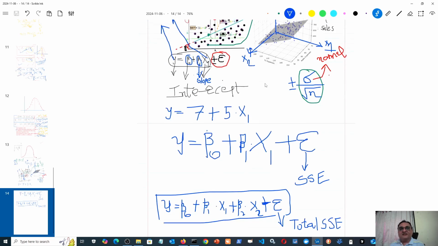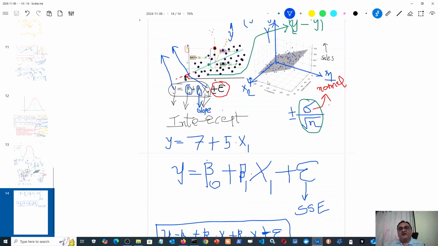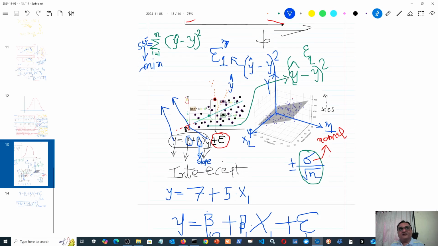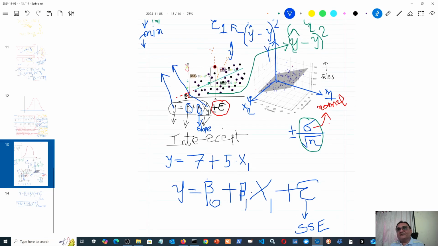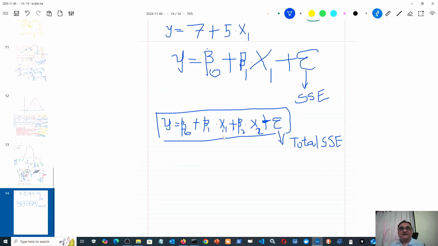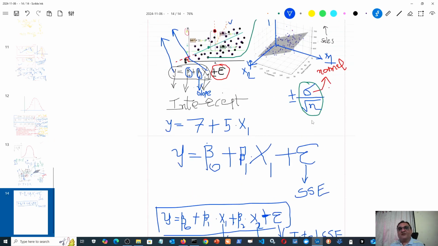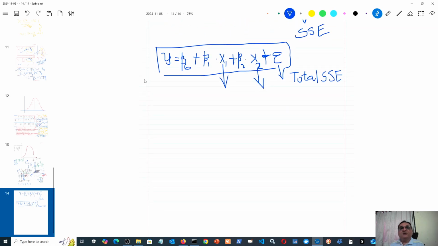But the concept of linear regression will still hold. Ordinary least square regression will still hold, and the logic is the same: you have to find such a plane for which the sum of squared errors is minimum. Unfortunately, in the case of two independent variables, our visualization capacity is over. But in data science you will even have to handle a case of 10 independent variables, x1, x2 up to maybe x10.